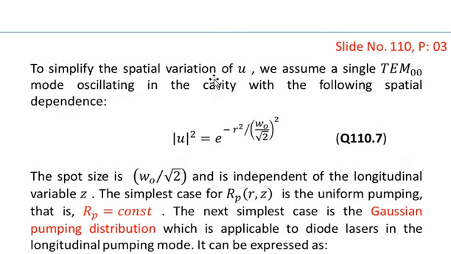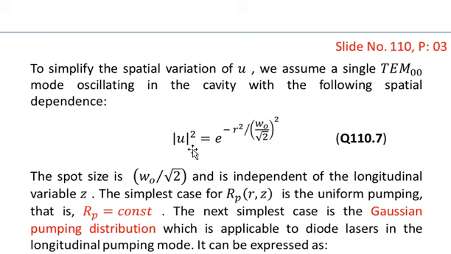To simplify the spatial variation of U, we assume a single TEM00 mode oscillating in the cavity with the following spatial dependence. You see that we wanted to simplify our system. For that, we are assuming the TEM00 mode, which is the simplest mode that we can take. The spatial variation of U can then be written as given in equation number 7.